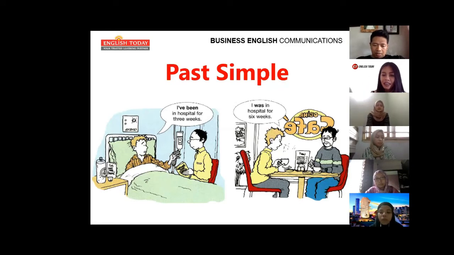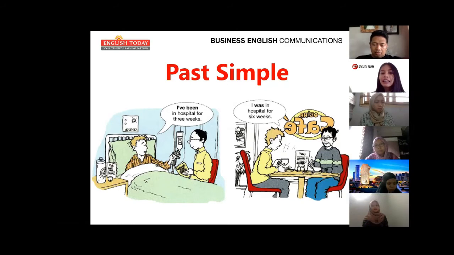Just like the example on the right-hand side. I was in hospital for 6 weeks. Do you think that guy is still in the hospital? No, it's over, it's finished. He is not in hospital anymore.